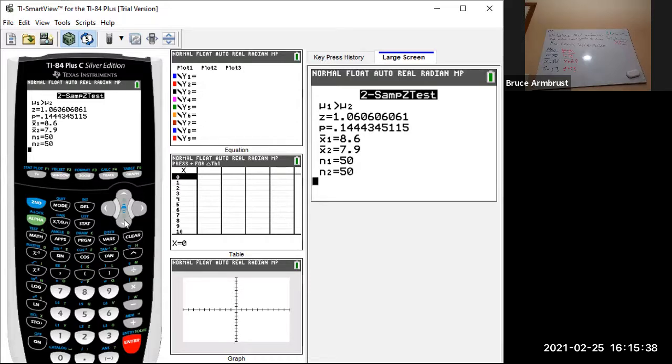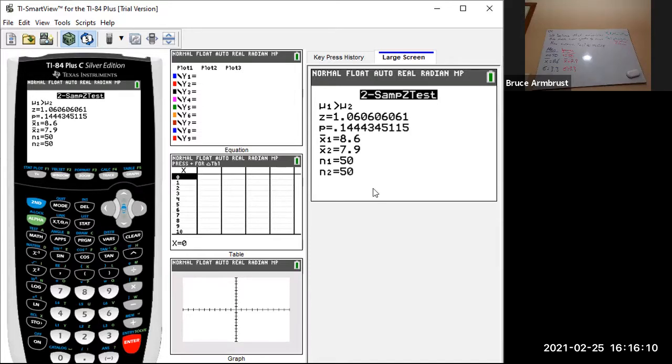And the p-value is the percent likelihood that these samples would show up if the null hypothesis is true. So the bigger p is, the more likely the null hypothesis is to be true. The smaller p, the less likely. All right, well, we get 0.1444.